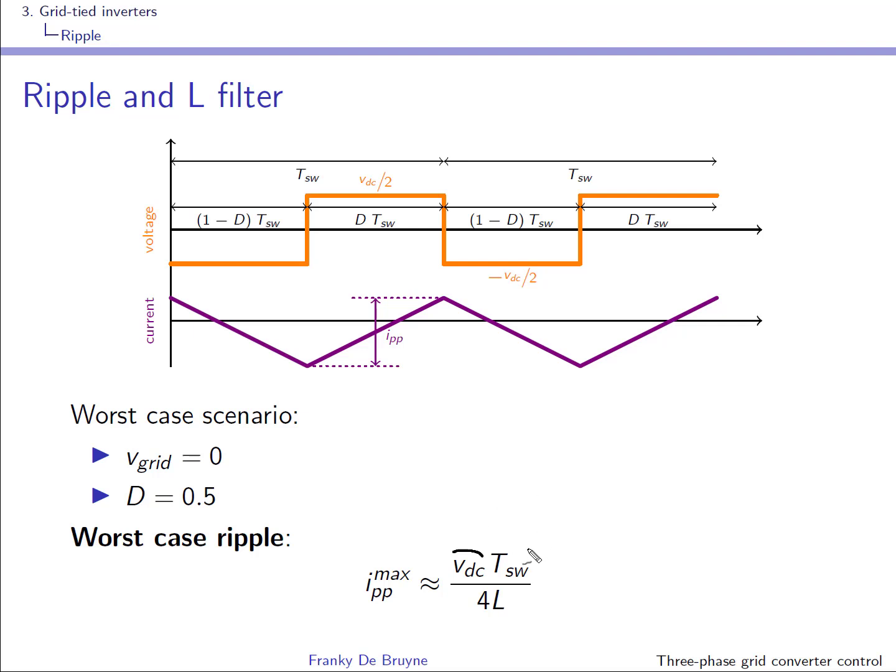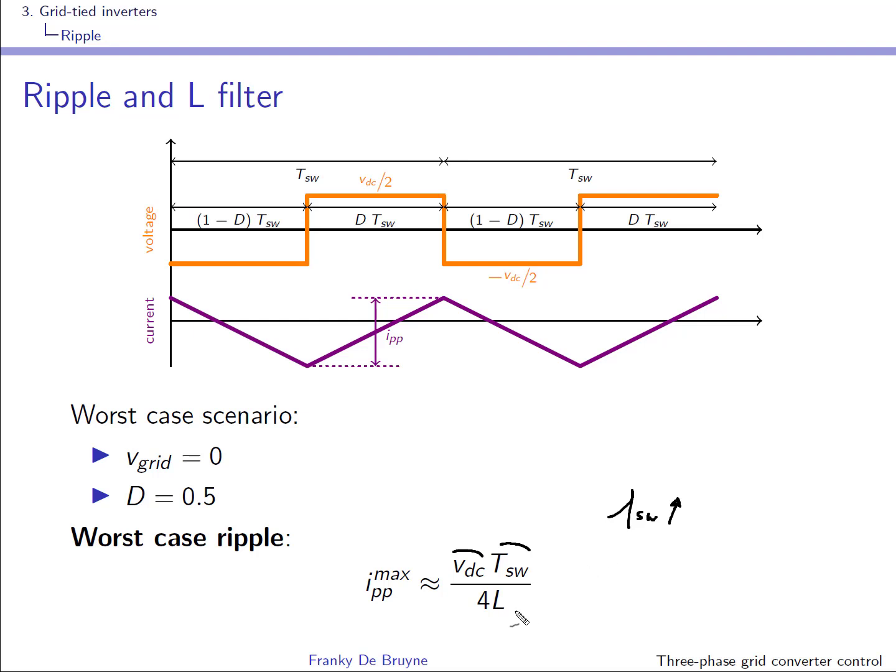Then there is of course the switching period, so you could decide to decrease the switching period or increase the switching frequency, but there again there are limits for that, because if you increase the switching frequency you also increase the losses in your inverter.